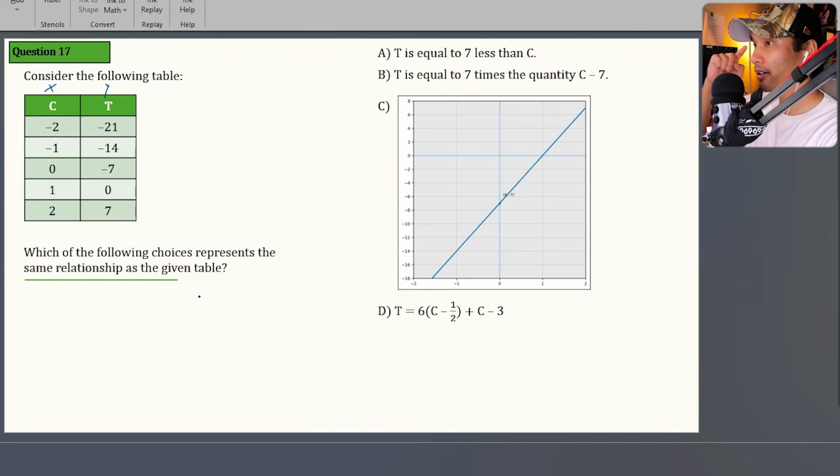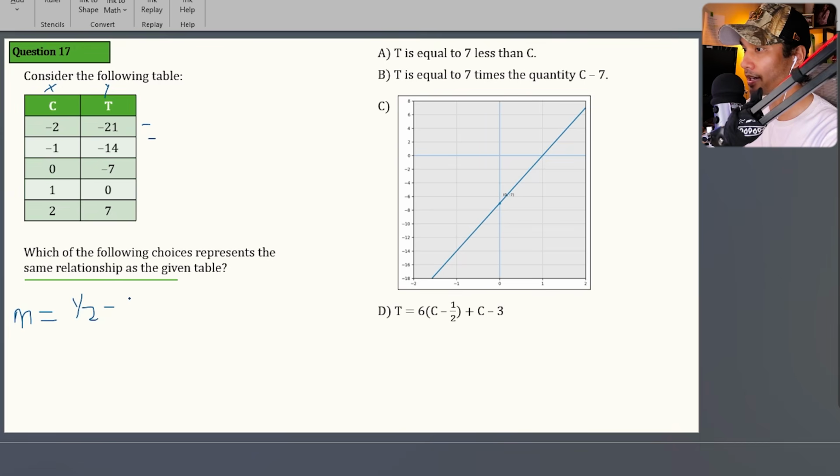So for this question, we need to do an extra step, which is to find the slope and intercept ourselves. So to find the slope, we need to pick 2 points. I'm going to pick these two. And then to find the slope, we have to use this formula. M equals y2 minus y1 over x2 minus x1.